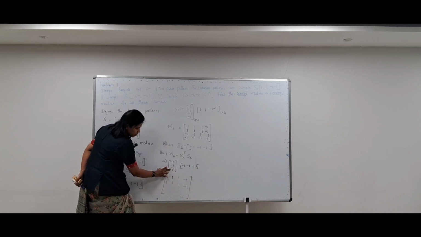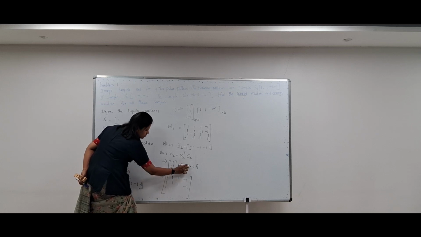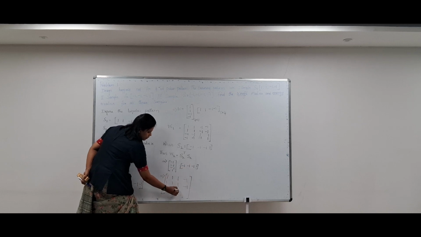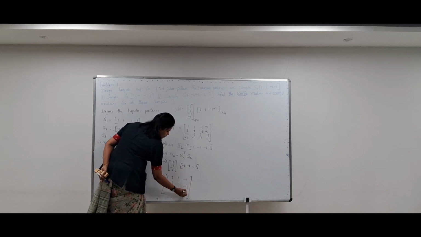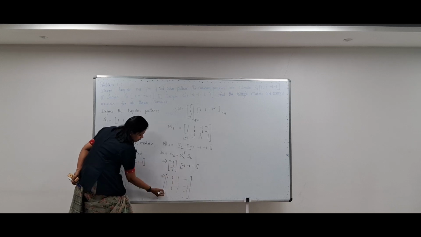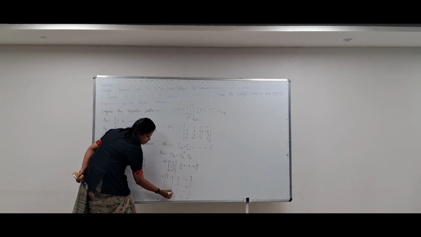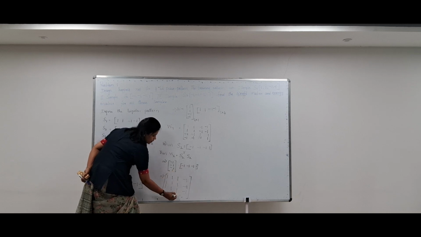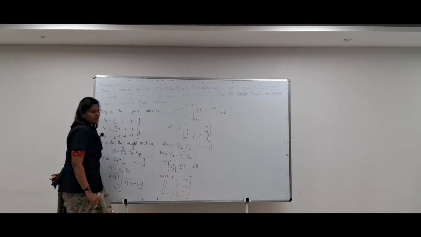Next row, minus 1 into minus 1 is 1, minus 1 into minus 1 is 1, minus 1 and minus 1 becomes 1 and minus 1 into 1 gives minus 1. Then 1 into minus 1 is minus 1, 1 into minus 1 is minus 1, 1 into minus 1 is minus 1 and 1 into 1 is 1.